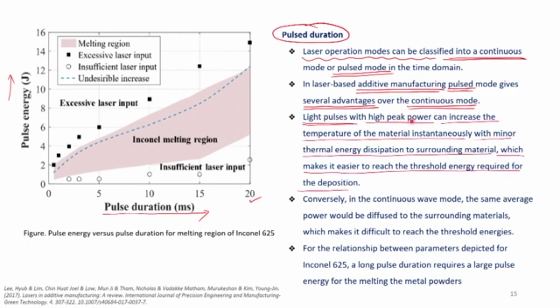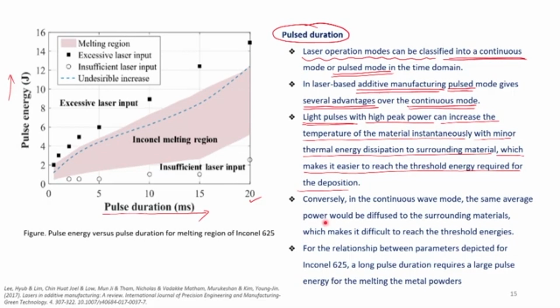Light pulses with high peak power can increase the temperature of the material instantaneously with minor thermal energy dissipation to surrounding material, which makes it easier to reach the threshold energy required for the deposition. So, this is a very good concept actually, and it is very important as well.